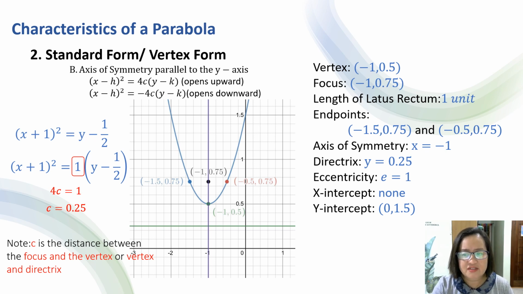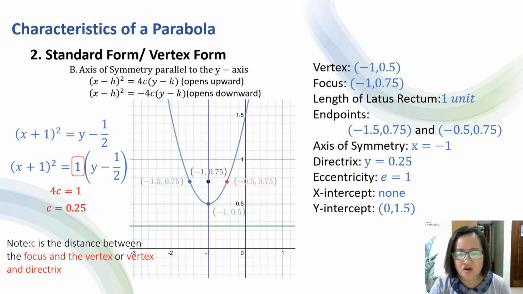To get the length of the latus rectum, we determine 2 points which are collinear to the focus. Therefore, we can get (−1.5, 0.75) and (−0.5, 0.75). These will be the endpoints of the latus rectum.